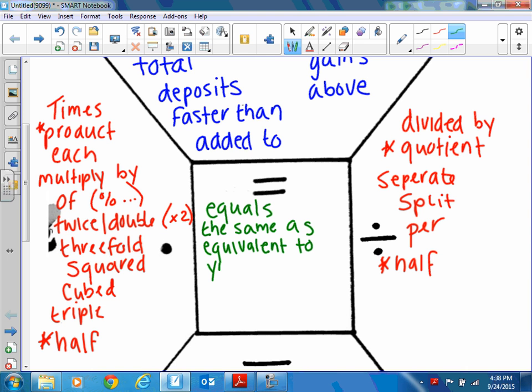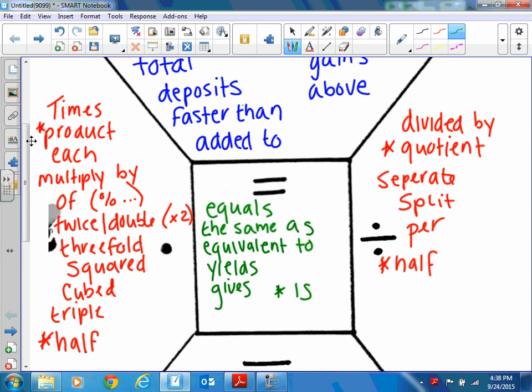Yields, that's more of a science term, but still means equals to. Gives. And another kind of big one is: the product of 2 and x is 16, or what, or so on and so on.